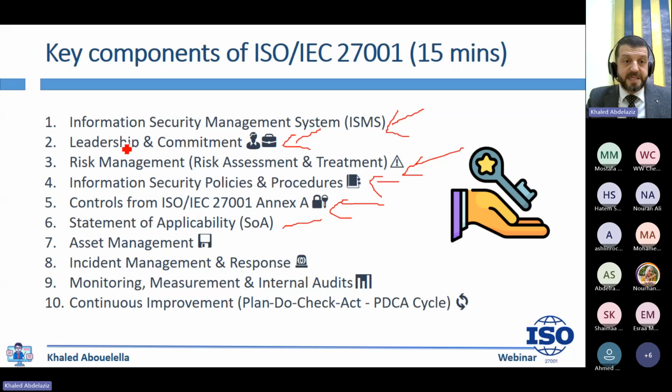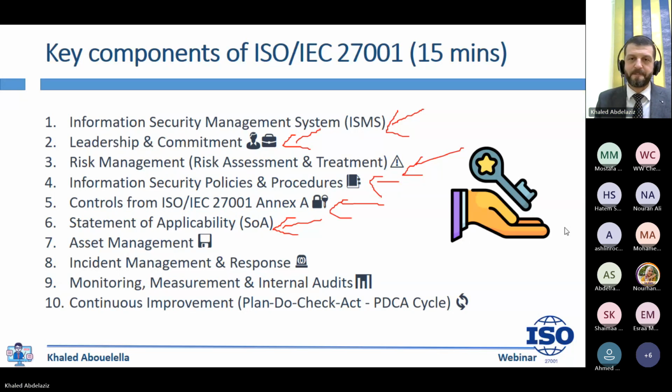The sixth key component in ISO 27001 is the SOA, the Statement of Applicability. You should have a Statement of Applicability, and simply, it's a document that lists all the Annex A controls, the 93 controls I have just mentioned, and states which one is applicable and which one is not applicable, with justification for inclusion and justification for exclusion.